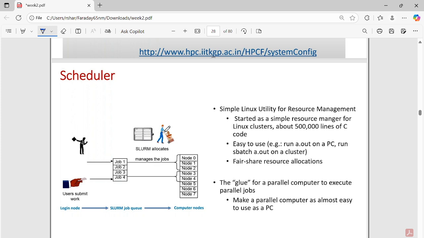What is scheduling? We need to access the hardware, and it is not like by default it is given to one particular user and that is done. It is done by using a software or a framework, which is called scheduling.